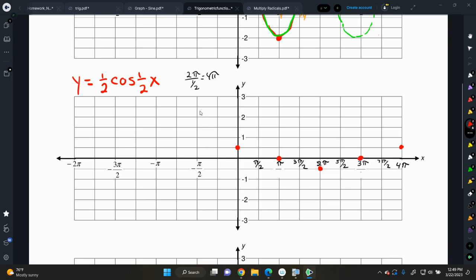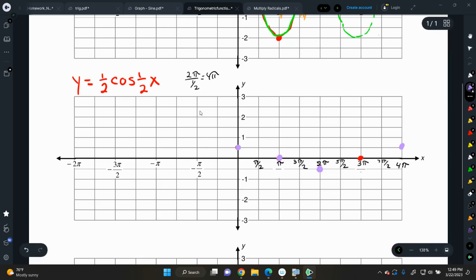Okay, so I've got a period of 4 pi, 2 pi divided by 1/2. And I've got an amplitude of 1/2. So I start at 1/2 and I end at 1/2. And my end is at 4 pi. Halfway in between, I go down 1/2. So now I'm looking halfway between the 0 and the 2 pi, and that's going to be at pi.